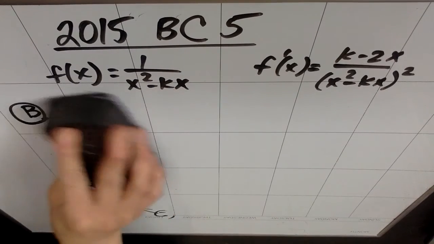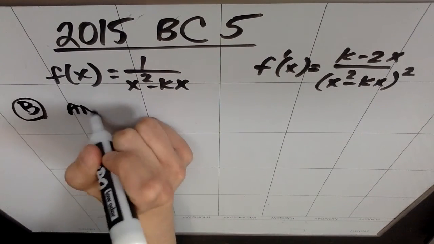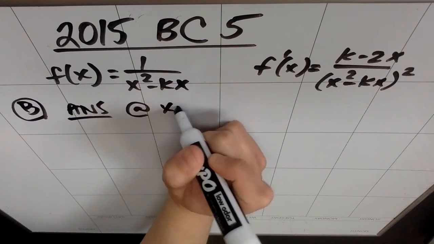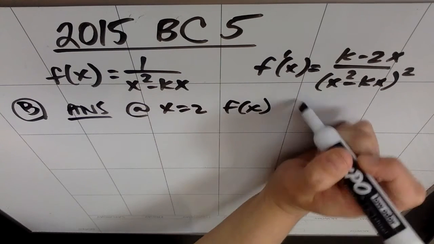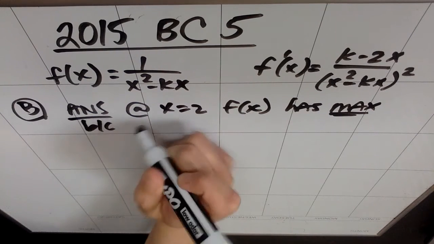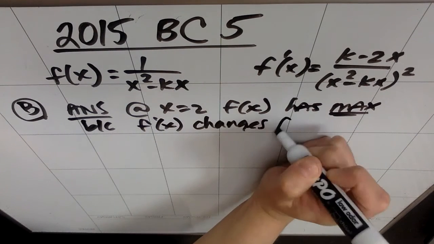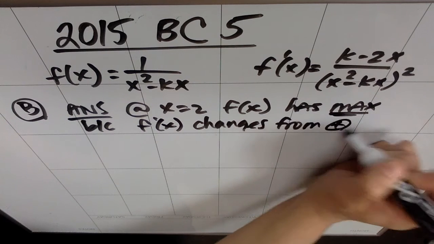So for part B, my answer is going to be that at x equals 2, f of x has a max because f prime of x changes from positive to negative.